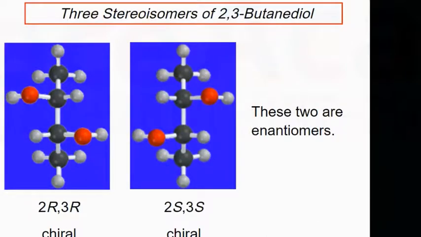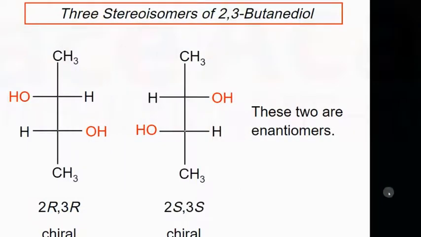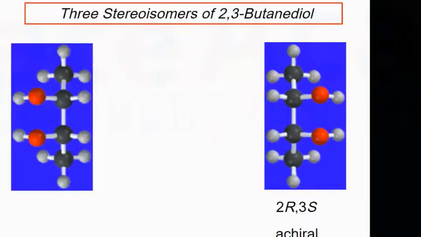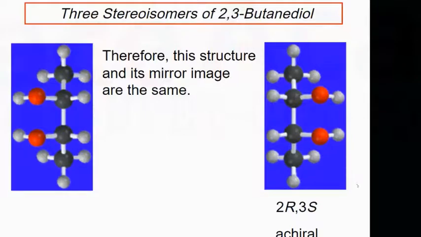Of the three stereoisomers of 2,3-butanediol, two are enantiomers. The other one is a diastereomer. The third structure, superimposed on its mirror image, is an achiral diastereomer. So the structure and its mirror image are the same in this case. 2R,3S is also called the meso form.